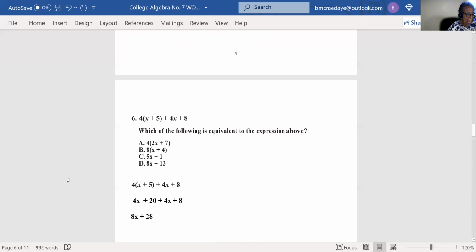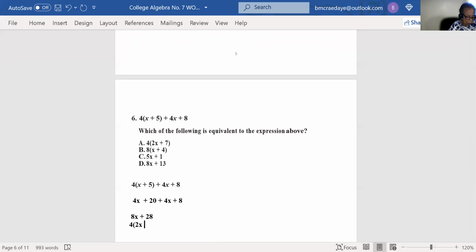Notice I just added the like terms. 4x plus 4x is 8x. 20 plus 8 is 28. Now, which one does that look like? If I factor out a 4, what number times 4 gives 8? 2. So that would be 2x.